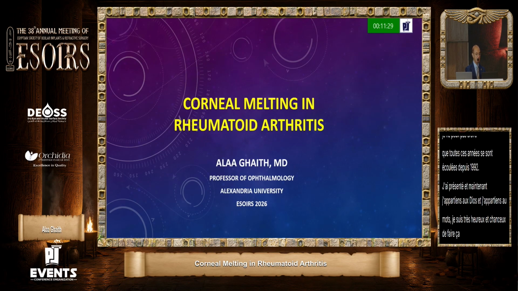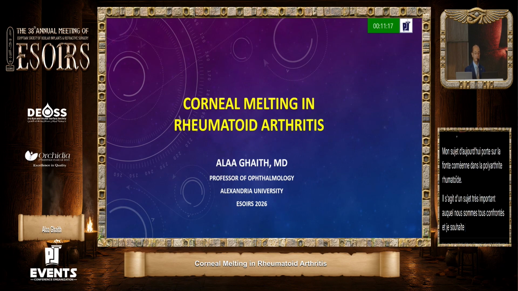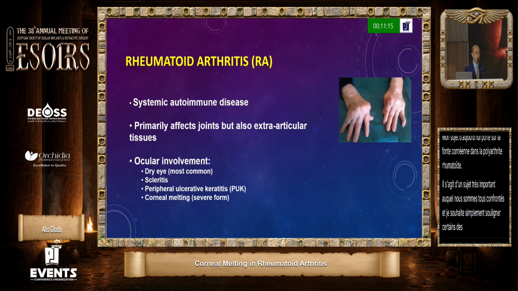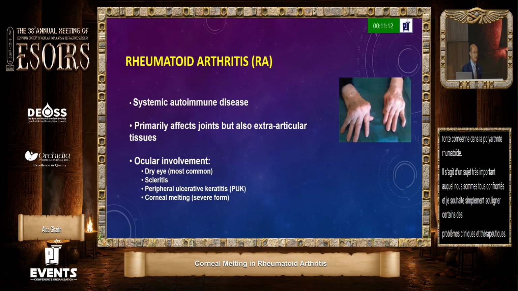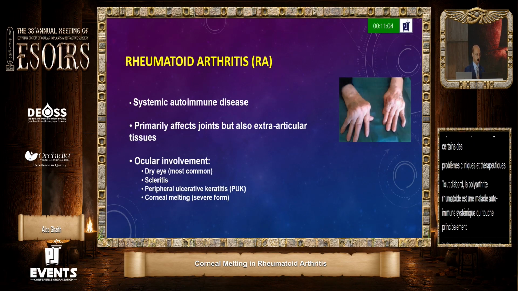My topic today is about corneal melting in rheumatoid arthritis. It is a very important topic which we all face, and I just want to highlight some of the important clinical and treatment issues. First of all, rheumatoid arthritis is a systemic autoimmune disease which primarily affects joints, but it also can affect extra-articular tissues.